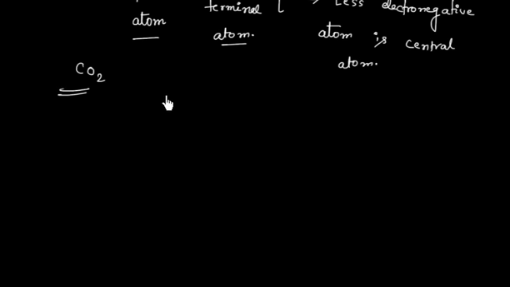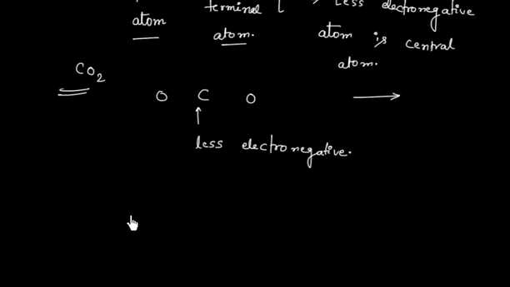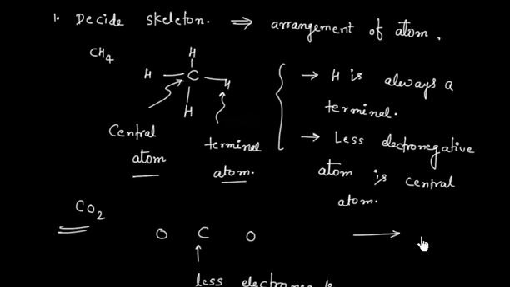If you know, as you go in a period from left to right, electronegativity increases. So carbon will be treated as the center atom and oxygen will be treated as a terminal atom, because carbon is less electronegative and oxygen is more electronegative. So this is the guideline for writing a skeleton.